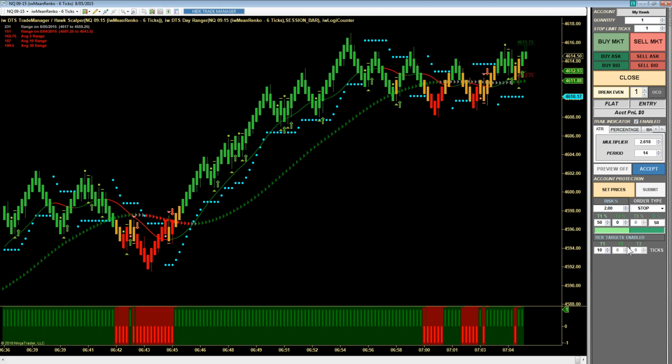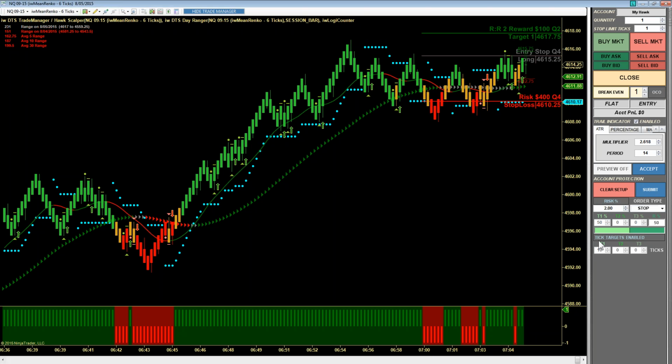feature of the Trade Manager, besides the trade management, is this risk component, where you can restrict your risk to a certain percentage of your trading capital. In this case, I've got it limited to 2%. So that means that no matter how I structure my trade, this isn't a buy signal here, but I'm just going to use it for example. If I structure my trade this way, and I've got my auto targets turned on, notice my risk amount is $400.